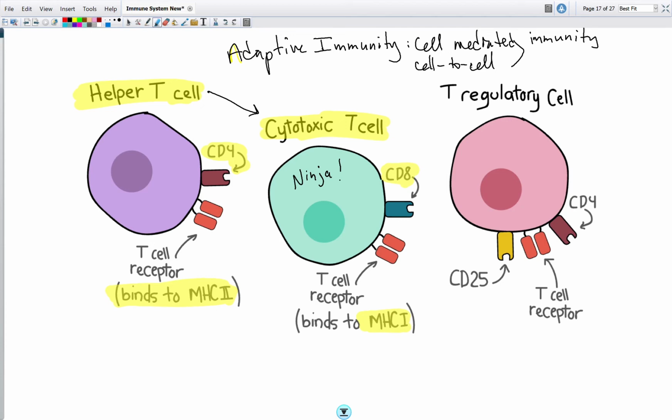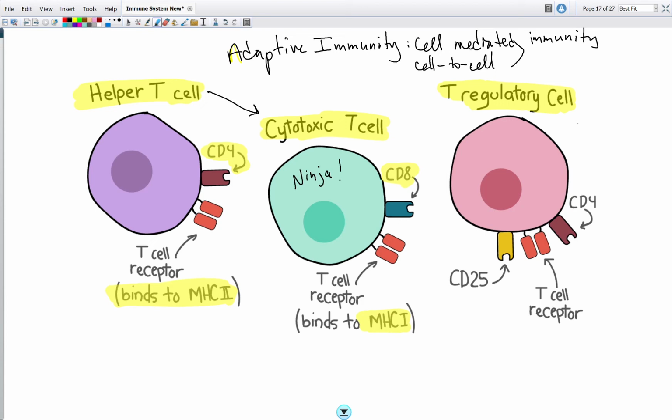In order to prevent the ninjas from going overboard and just wiping everything off the map in your body and killing you, you have regulatory cells, suppressor cells, cells that say, whoa, slow down, we're only killing pathogens and antigens. This is not an autoimmune disease.